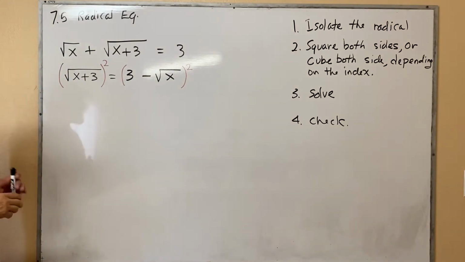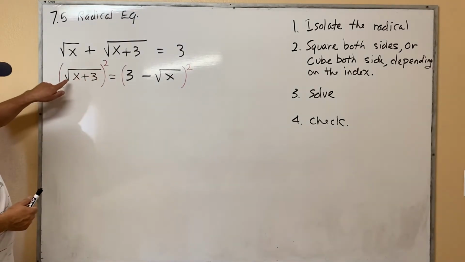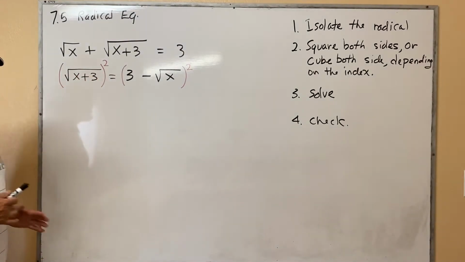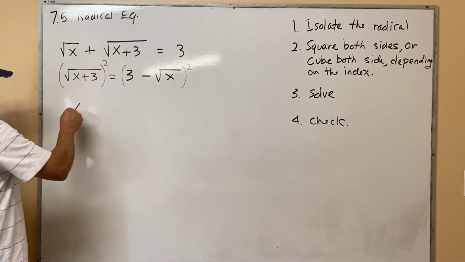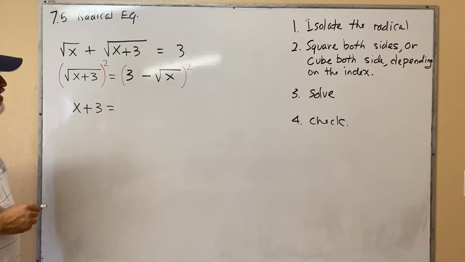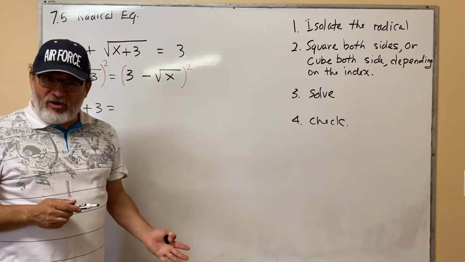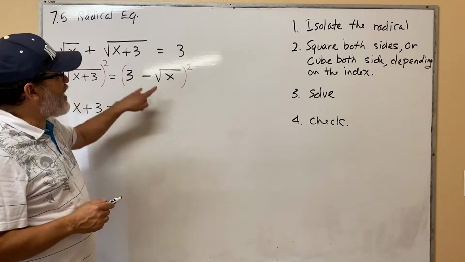This radical does go away. When I square this square root, what do you get? X plus 3. When I square this binomial, I have to FOIL. And that's why this radical is not going to go away.